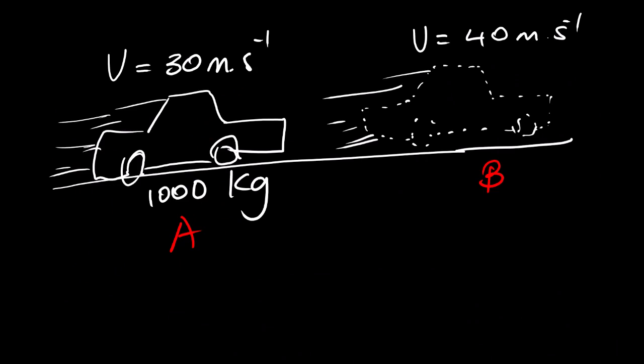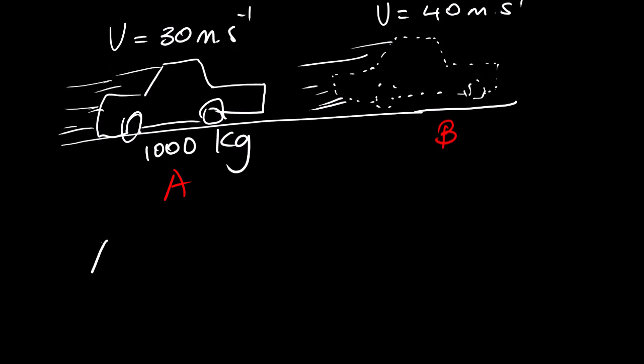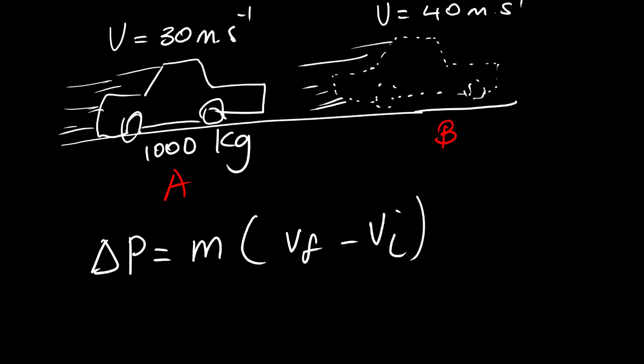Suppose you have this car traveling at 30 meters per second at point A. The mass of the car is 1000 kg. When it reaches point B, it accelerates to 40 meters per second. What is the change in momentum of the car? The change in momentum will be the mass times the difference of the velocity.